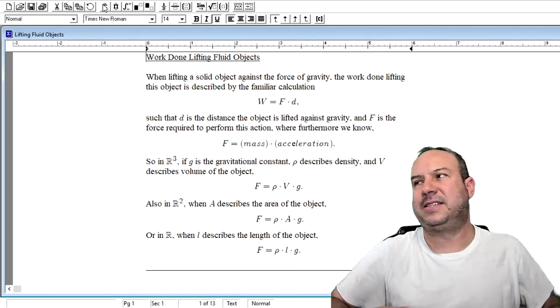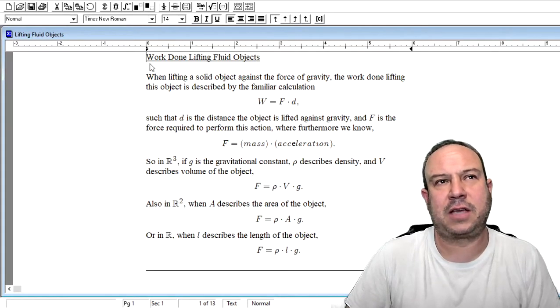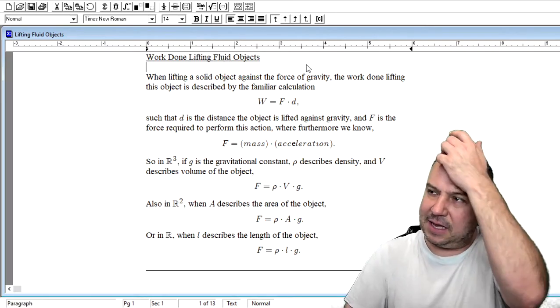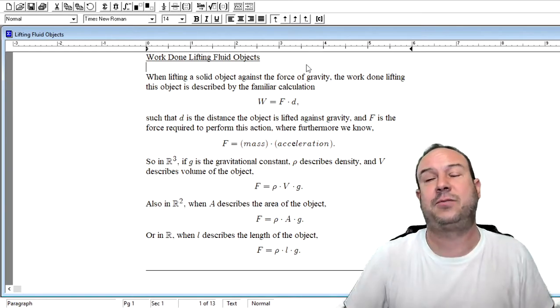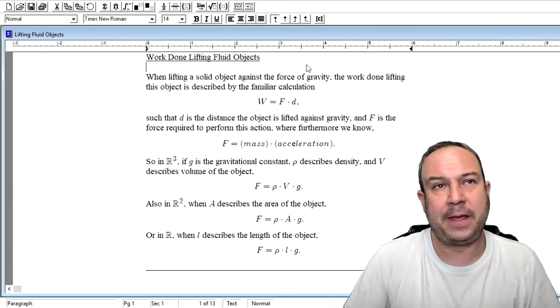What we're now going to do is look at the case of work done by lifting fluid objects, and that's what we see here in this set of notes. Lifting fluid objects is a little different than lifting solid objects, and we're going to distinguish between the two.